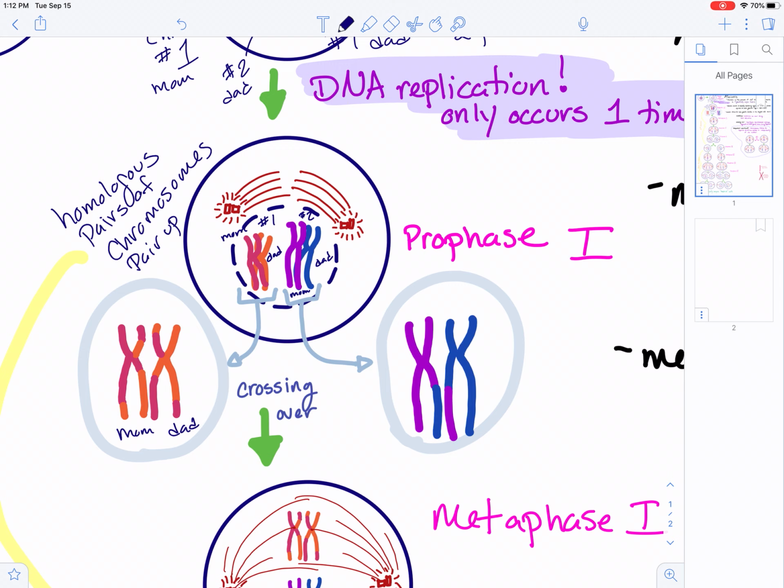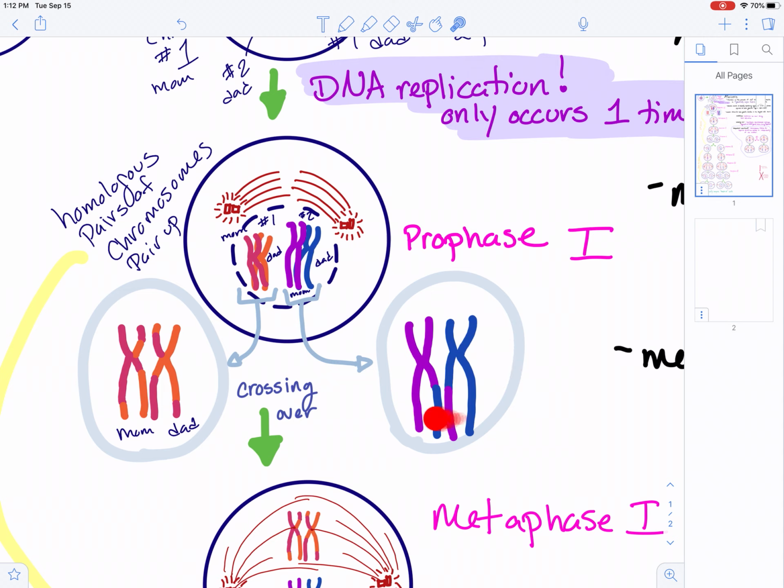So the interesting thing that happens during this step is that because they are so close together here, and they have all this overlapping, segments of DNA will break off and exchange. So we get little bits of information that break and exchange from our pairs of homologous chromosomes. So that happens to this pair of homologous chromosomes.